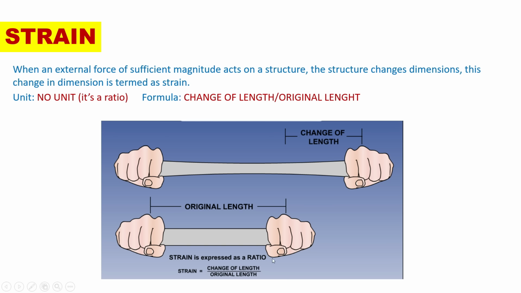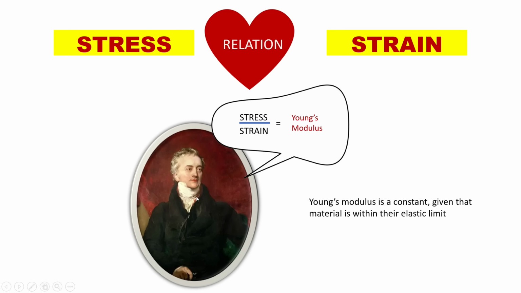All right. Now the next part. This is the relationship between stress and strain. As I told you, they sound very similar, and even in psychology, we have stress and we also have strain. So there is something going on between these two. So Mr. Young, I guess, was a French or English scientist mostly.